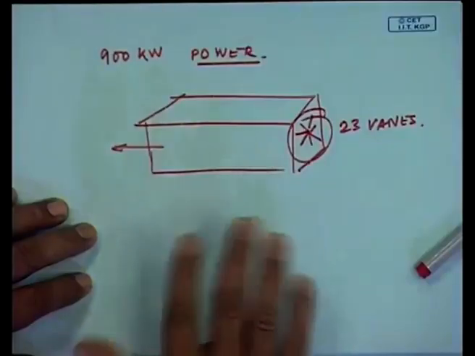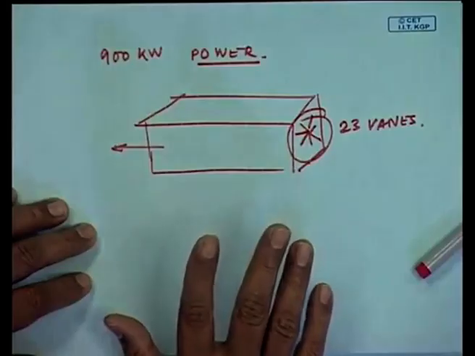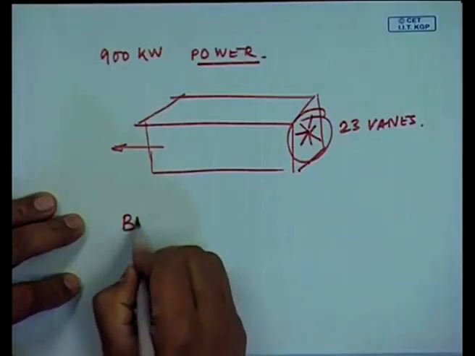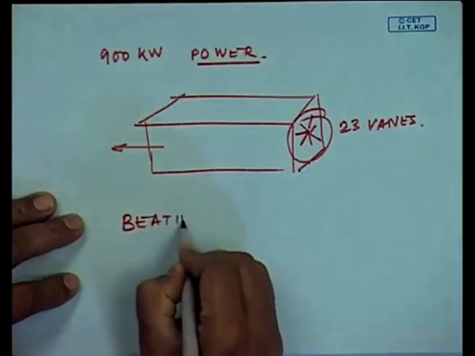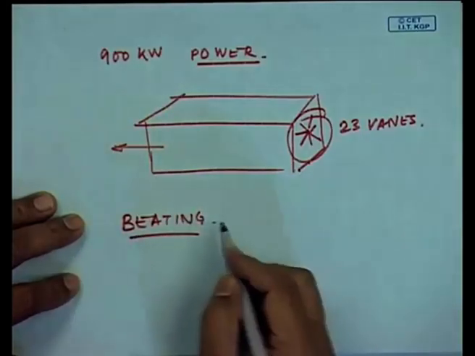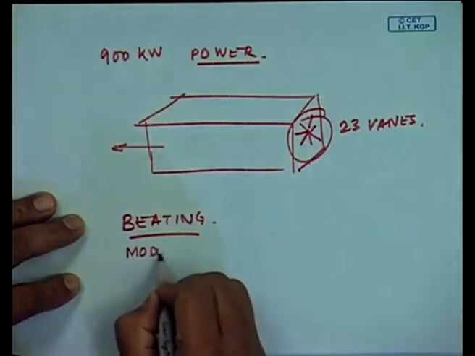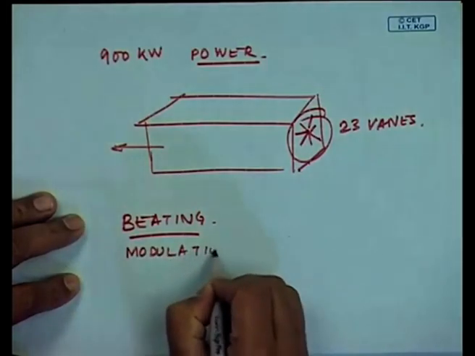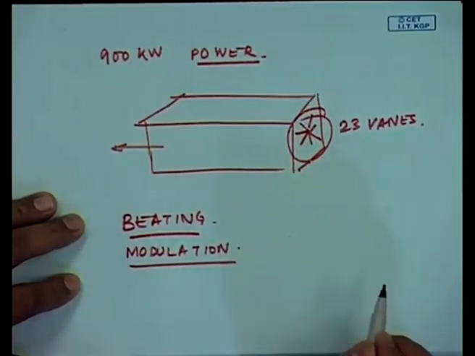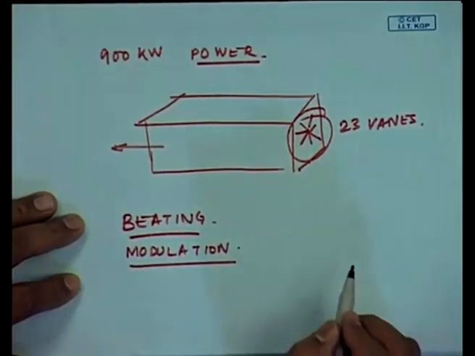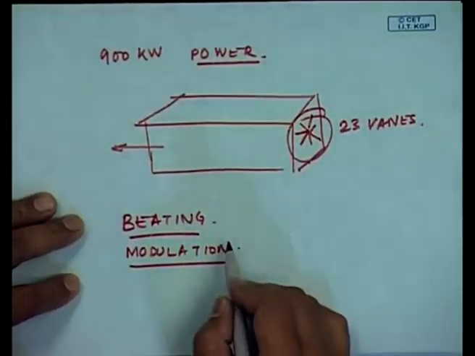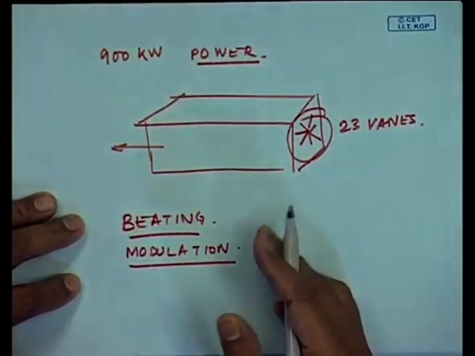So, the purpose of this lecture was to demonstrate to you the two phenomena which occur in machinery. One is beating, as occurred in this case of the blower, another is signal modulation. These are two phenomena which occur, and then we have to find out methods to distinguish them.